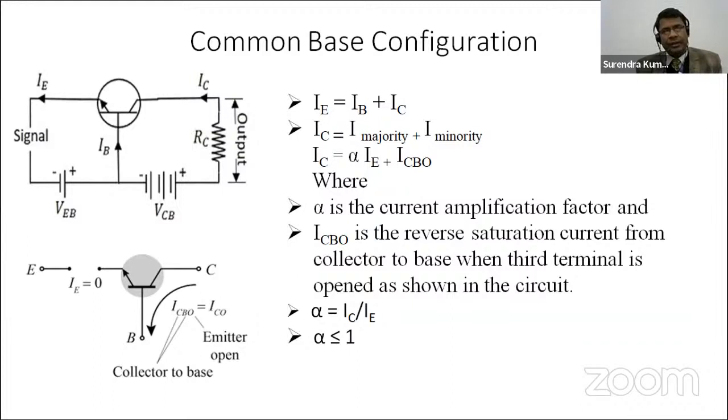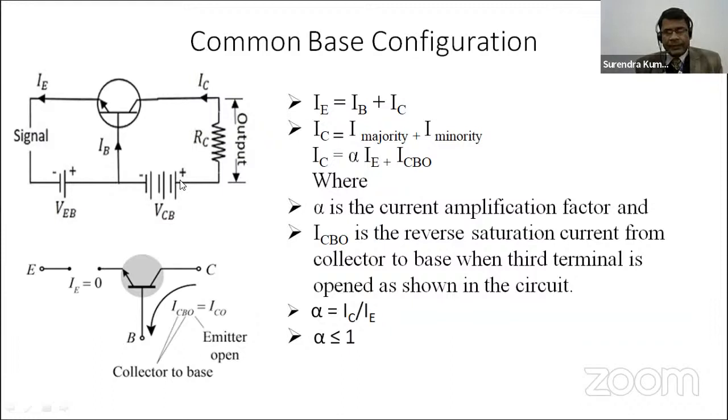Here we have to only consider the biasing supplies for DC analysis. So we ignore the signal and consider it a short circuit. Only DC biasing is there, input side and output side.